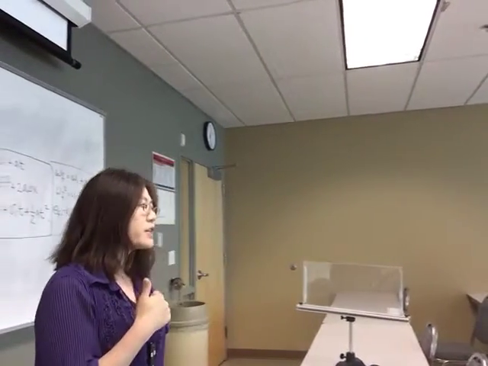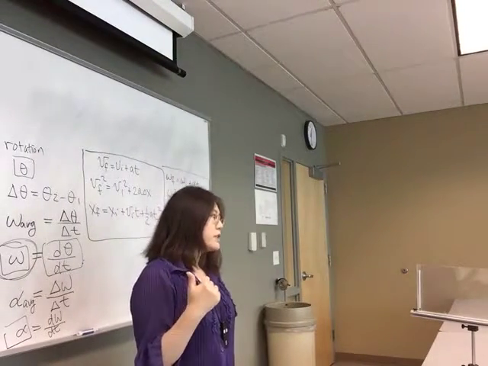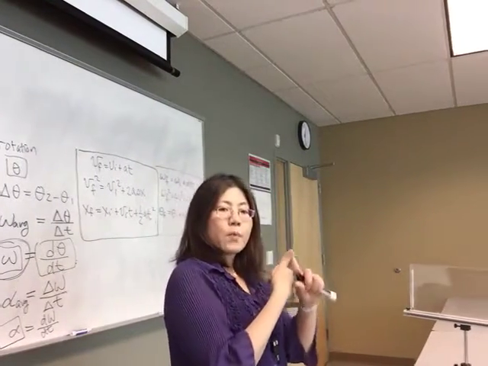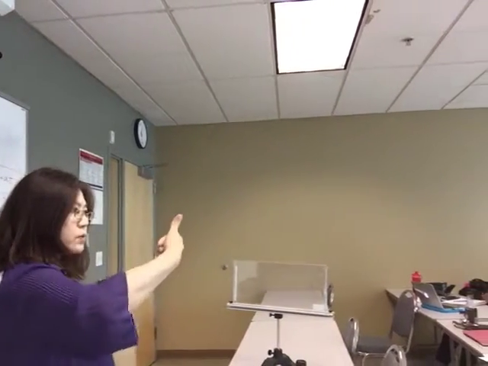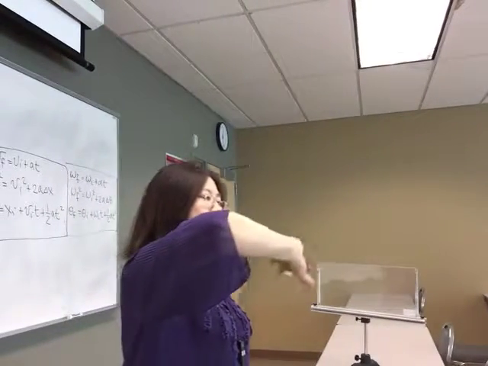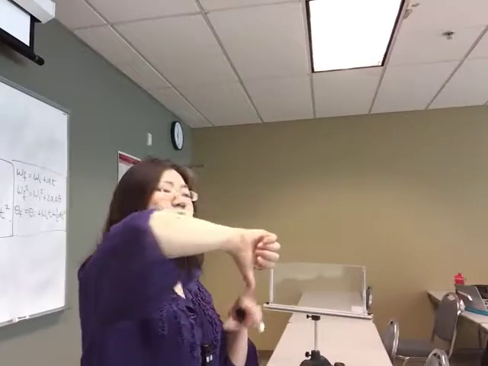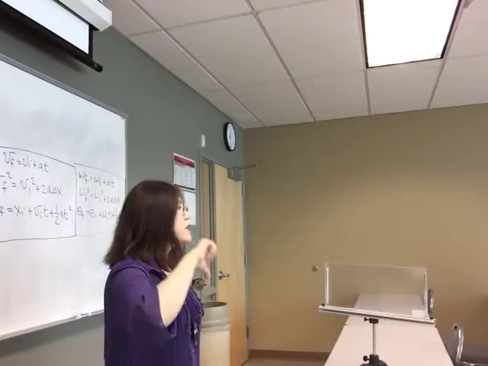Okay. So your angular velocity, what is the sign for the angular velocity? It's determined by your thumb. So when you have a counterclockwise rotation, you have a positive angular velocity. And if you have a clockwise rotation like this, then the thumb is pointing downward. When you have a thumb that's pointing downward, that's considered negative.